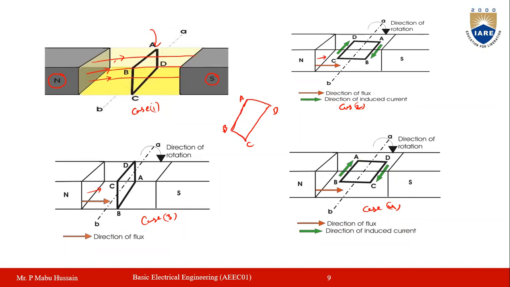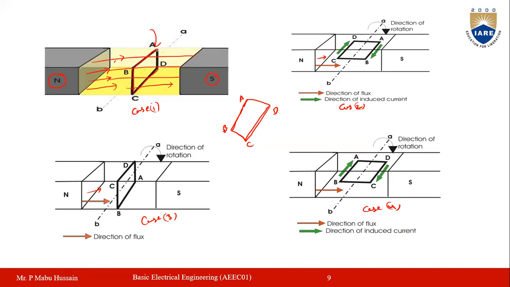So the 2 conductors are joined together, and now this rectangular loop we are going to place in a magnetic field here. Here AB is there, here CD is there.